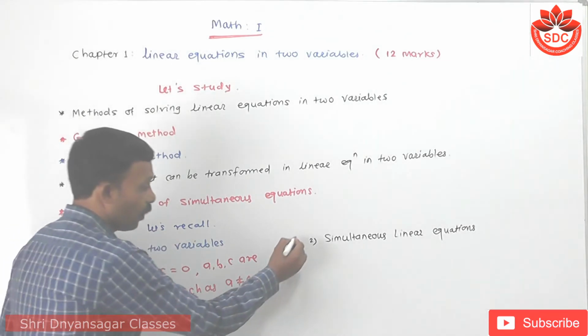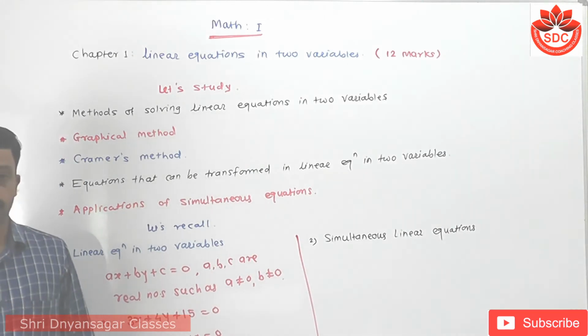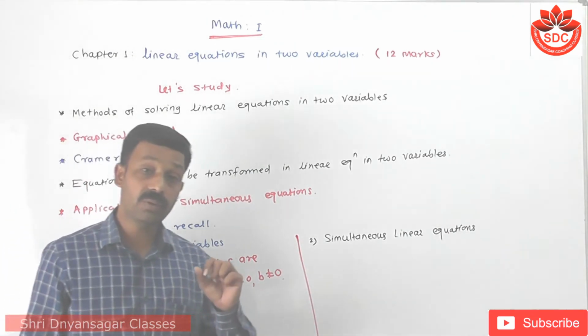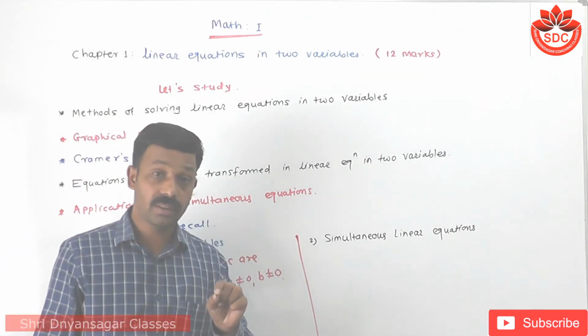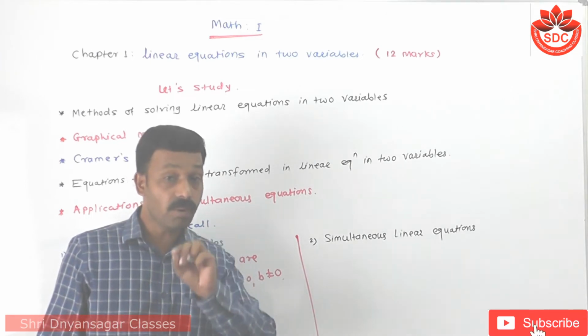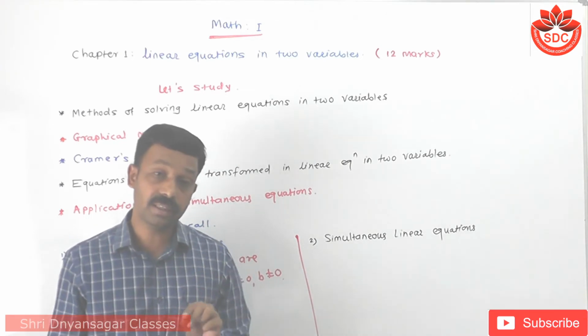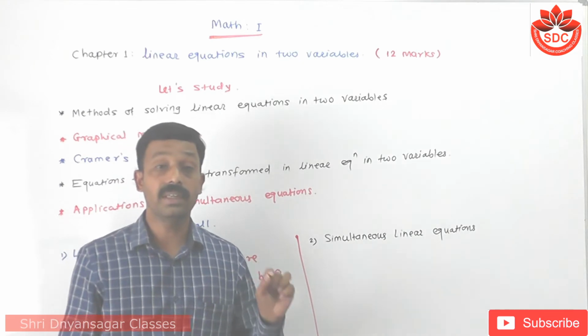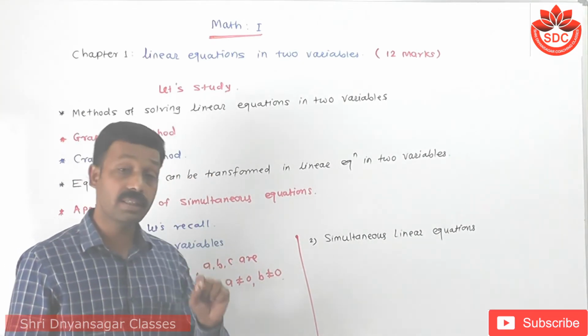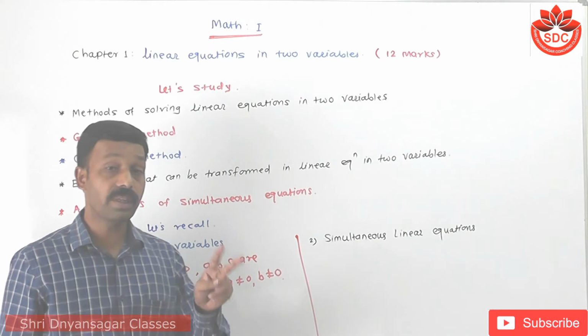Then we take what is meant by simultaneous equations. Simultaneous means that if you take two linear equations, we have to think about them simultaneously.